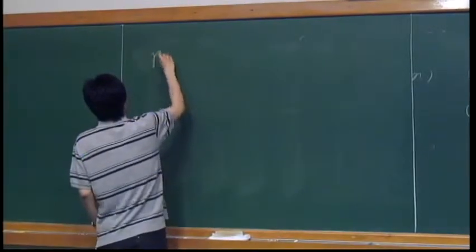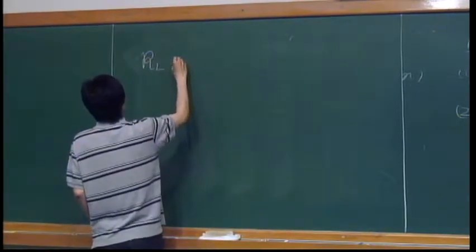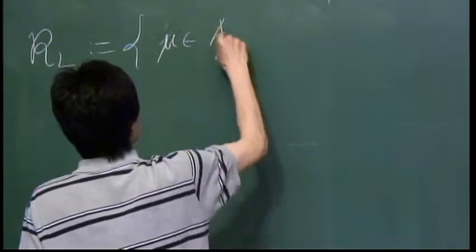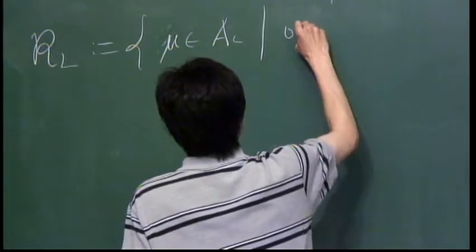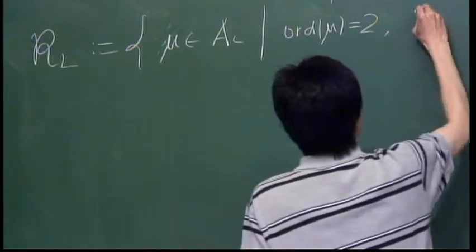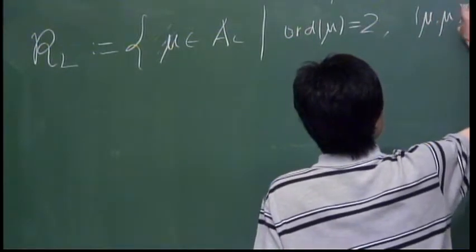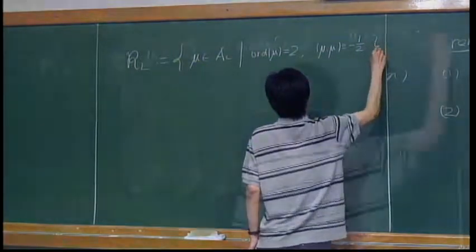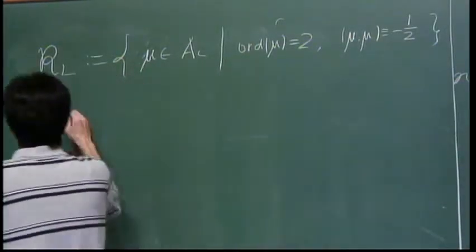And let me denote by R_L the subset of the discriminant group of order 2 and norm -1/2.